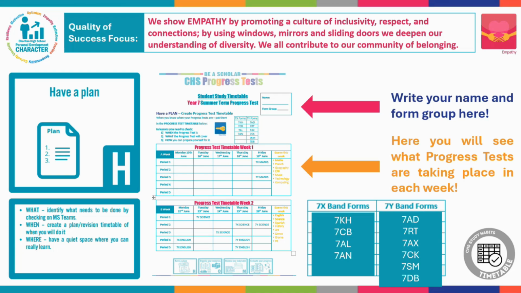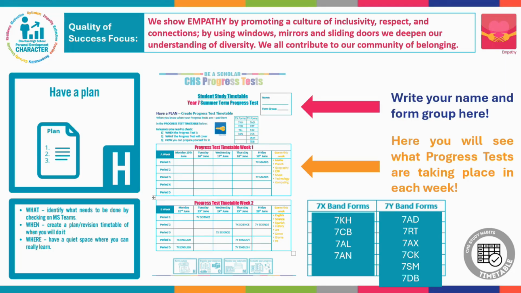Okay, if you are in 7AD, 7RT, 7AX, 7CK, 7SM or 7DB, you are looking for the 7Y science, 7Y maths, 7Y English, and that's the one that you need to circle. And that is when your English, maths and science progress test will take place.